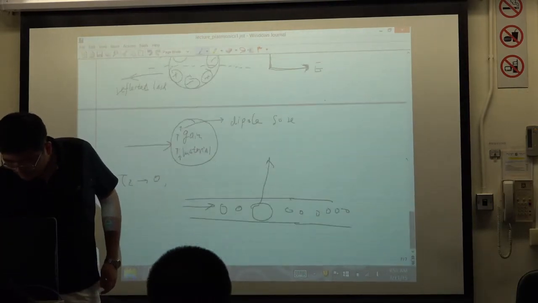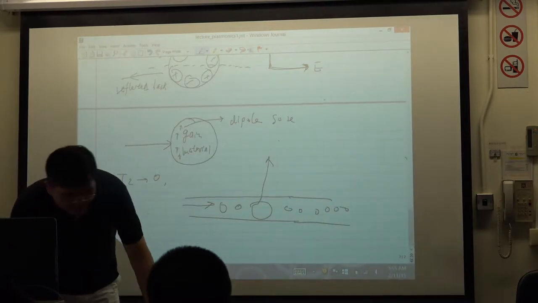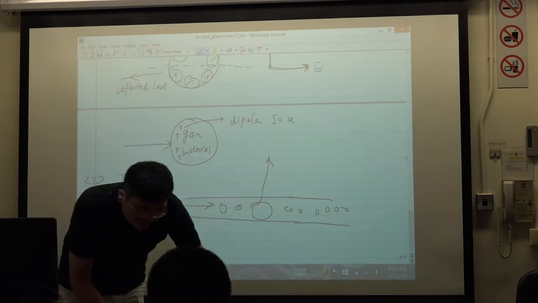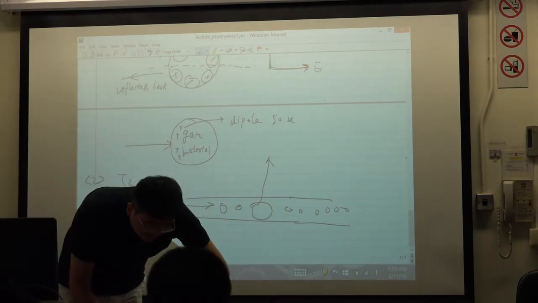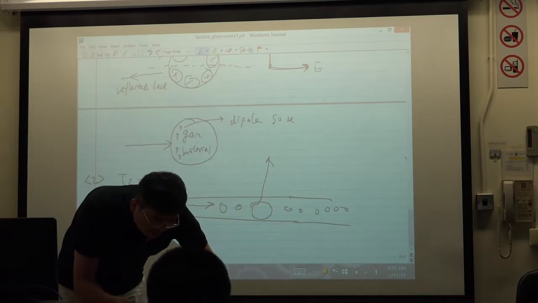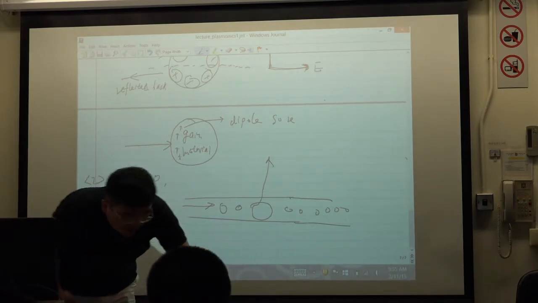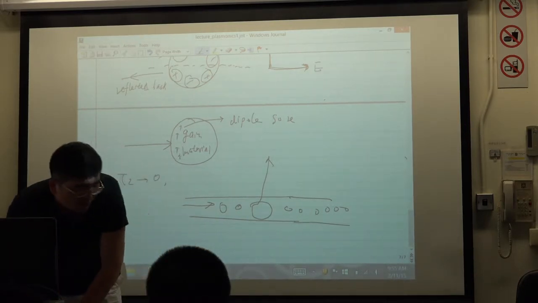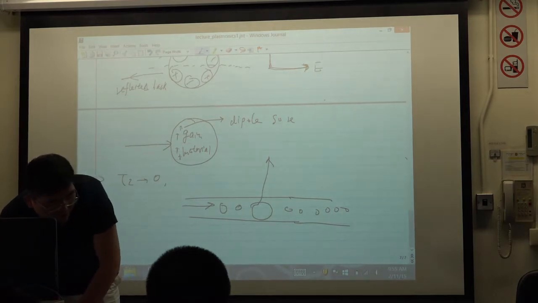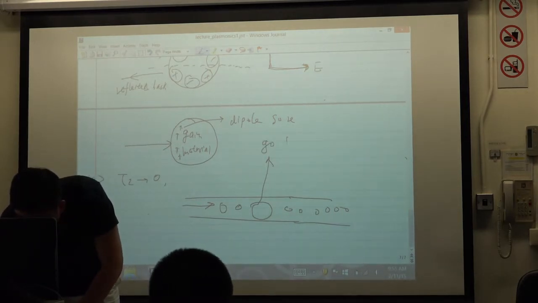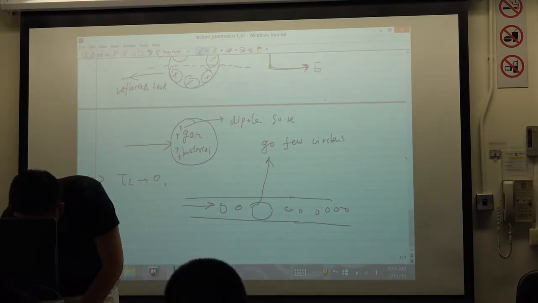So when tau is small, it means that they just go few circles before radiation.